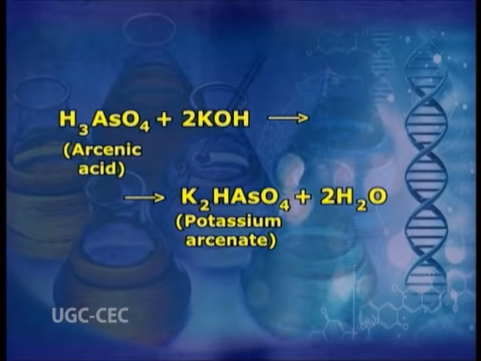Arsenic acid plus 2 KOH, that is potassium hydroxide, gives rise to potassium arsenate, K2HAsO4, plus 2 molecules of water. Equivalent weight is equal to molar mass per hydrogen ion per mole.